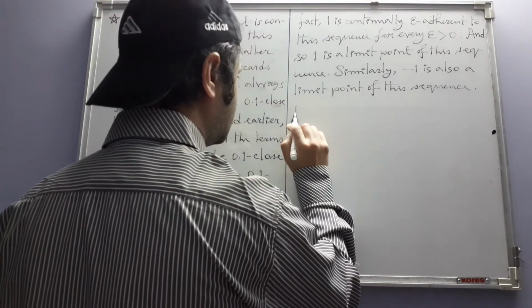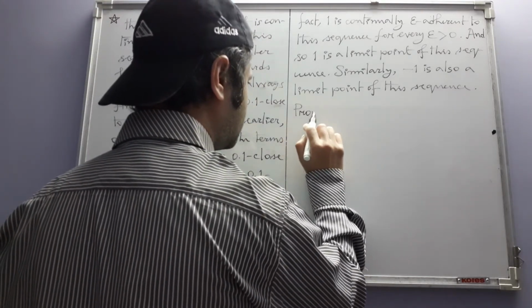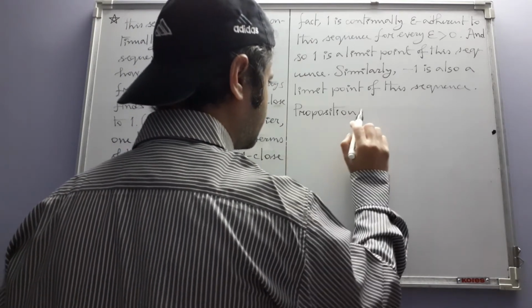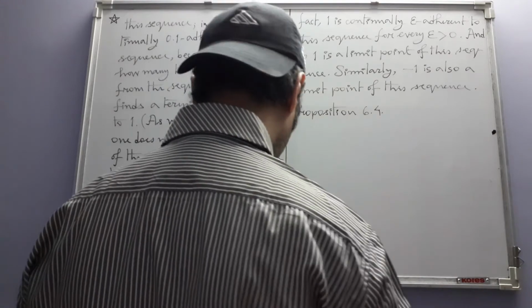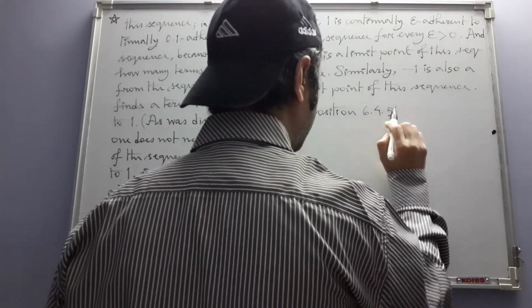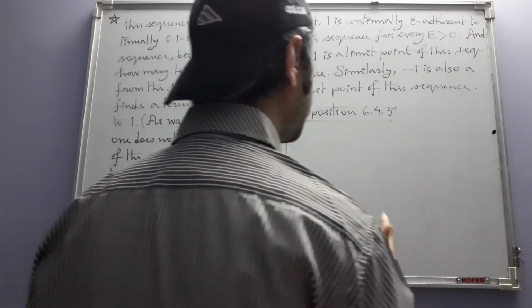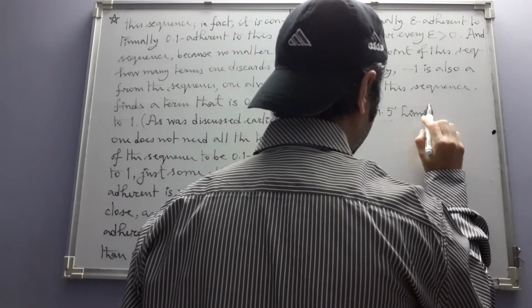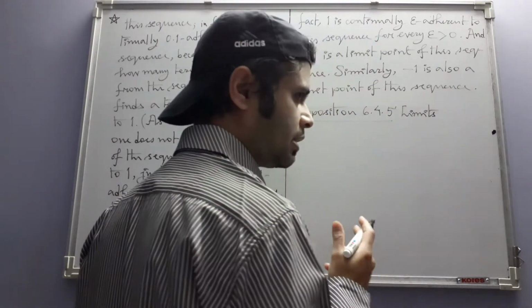So this is proposition 6.4.5. Limits are limit points. Limits occur when they exist.